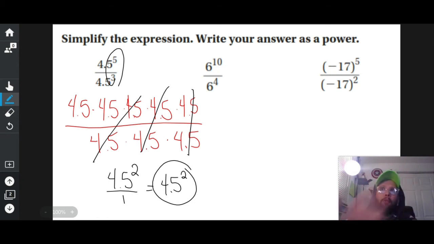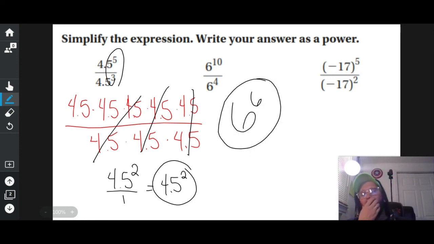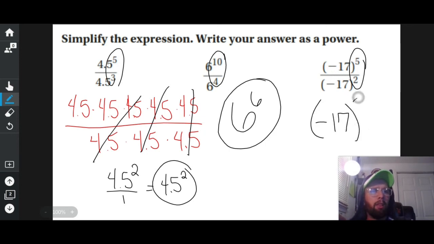If I cut out 4 from 10, I'm subtracting 4 from 10, and that leaves me with 6 sixes up here. So when you divide powers of the same base, you subtract the exponents.